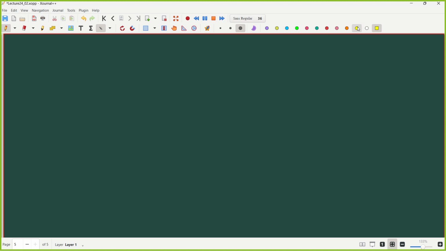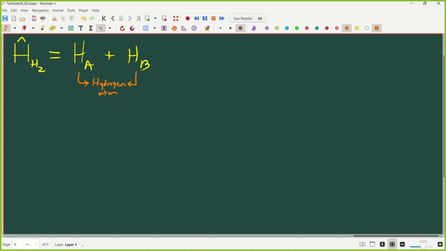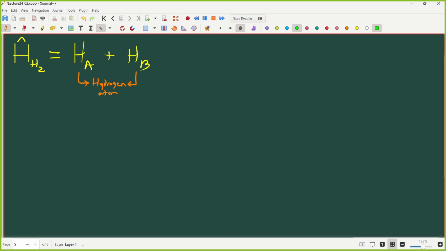So our net Hamiltonian, our Hamiltonian for our H2 molecule, has two atomic terms. These are hydrogen Hamiltonians, plus a small correcting term.